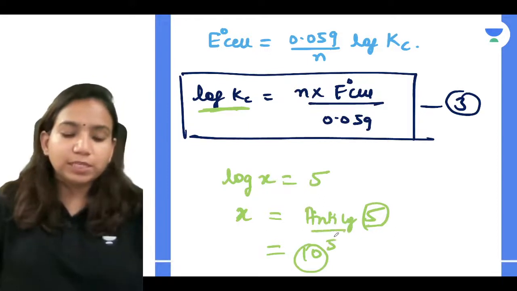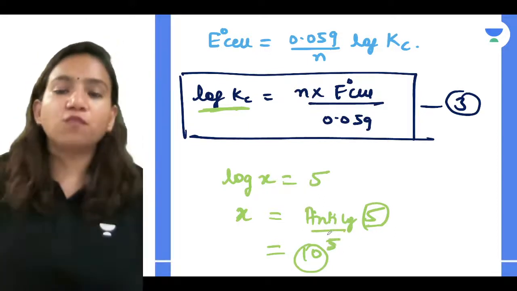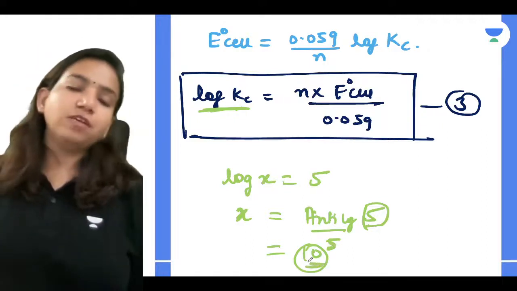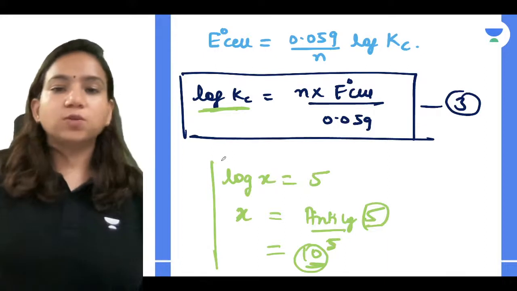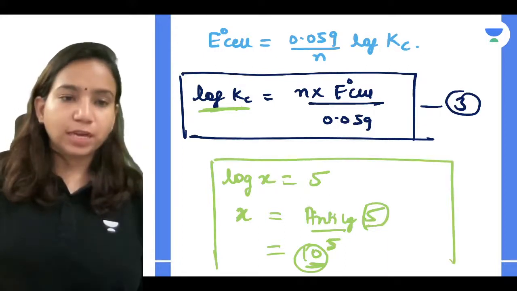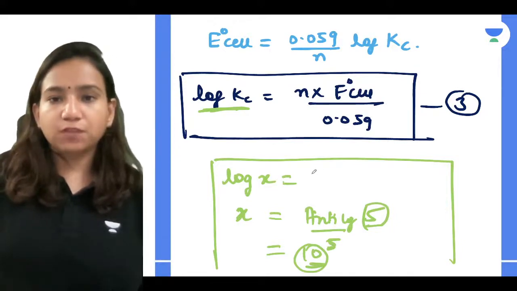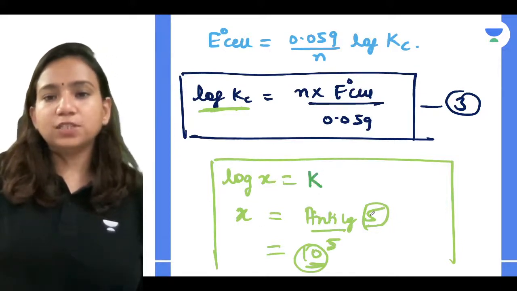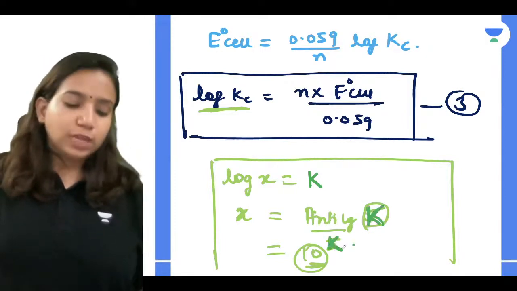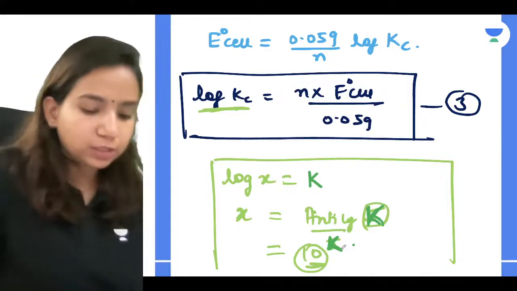So antilog 5, antilog 7, antilog of anything, you keep that in the power of 10 and you will be able to calculate. Like log x is equal to k, some value, so you can write x is equal to antilog k, that is 10 to the power k. That way you can calculate the equilibrium constant.